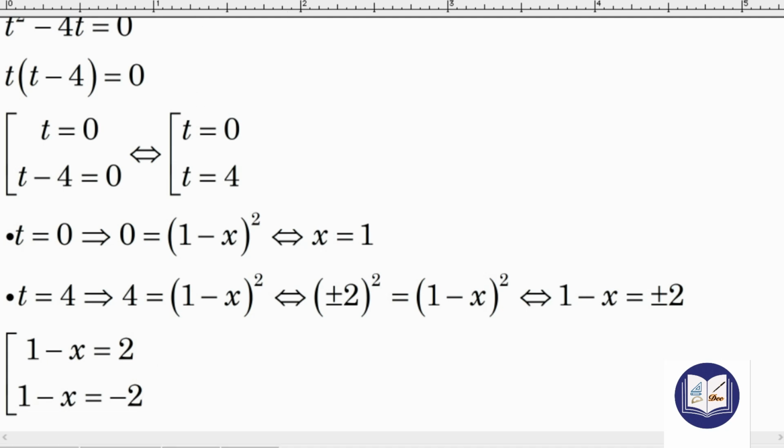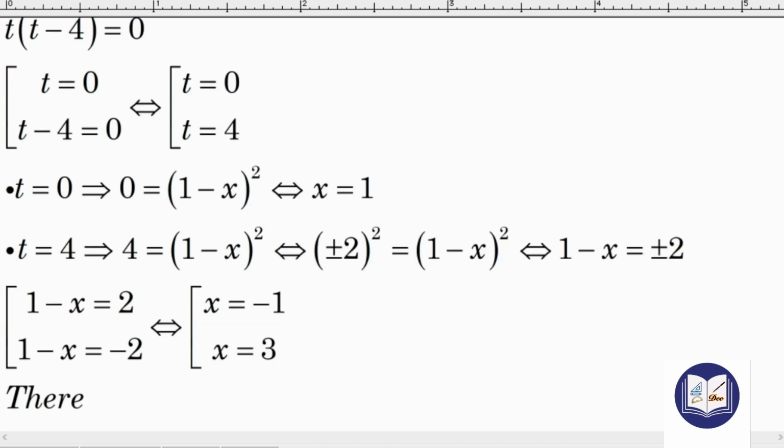That will be equivalent to x equal to minus 1, and then x equal to 3. Now we have found x equal to minus 1 and x equal to 3, and another one is x equal to 1. That is the root of the equation.